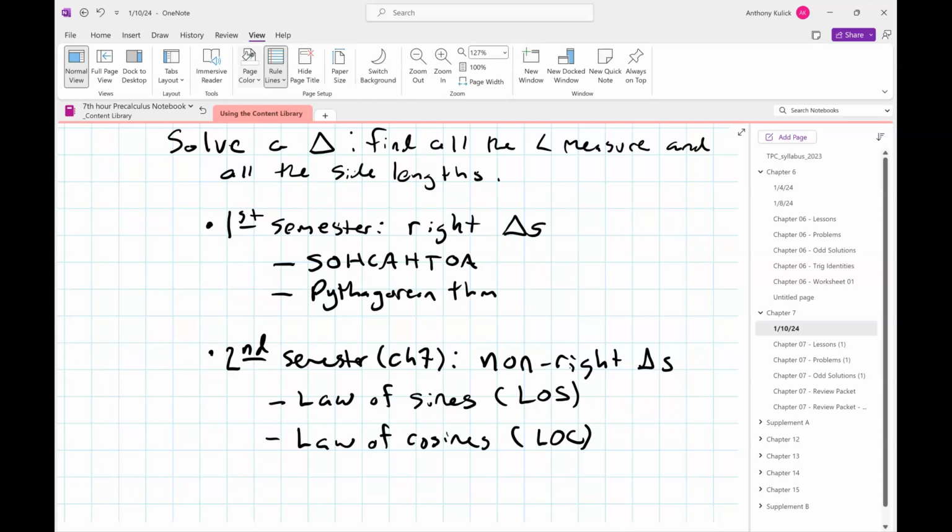So in chapter 7, largely we're going to be working on solving non-right triangles. You're going to have two tools at our disposal, the law of sines and law of cosines, in order to do this. The first step is figuring out which tool to use. So that's the first part of what we're going to talk about today.